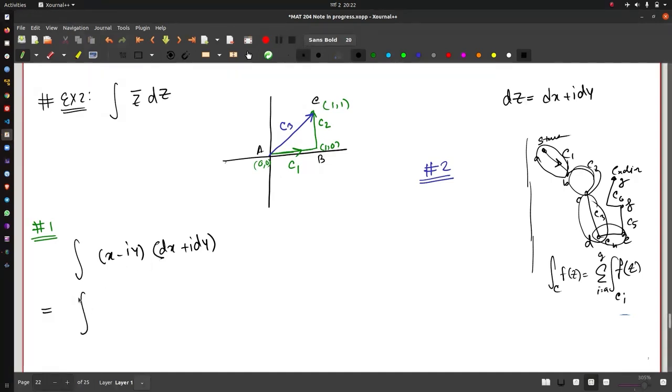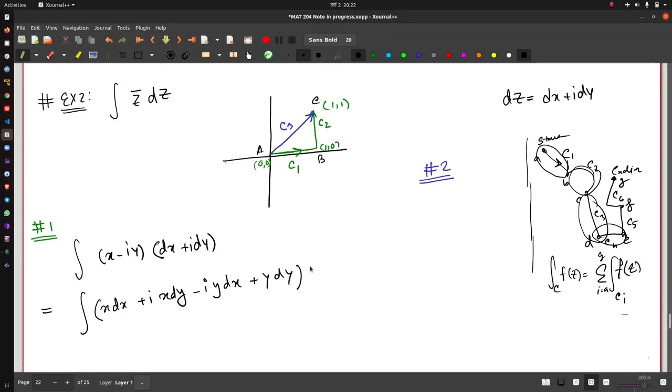We'll do that a bit later. So this gives you x dx plus i x dy, then minus i y dx, and finally plus y dy, because minus i times i is plus, and i squared is minus 1.